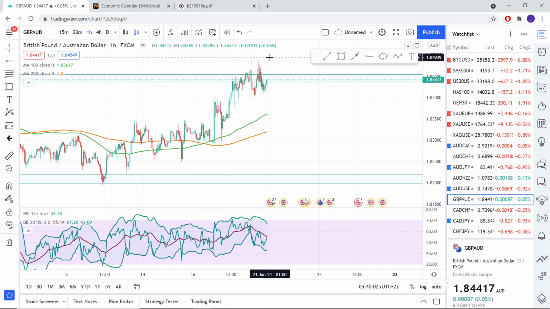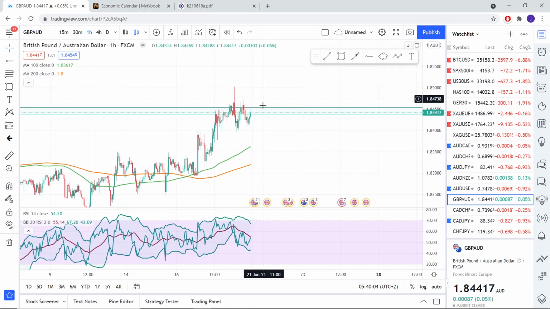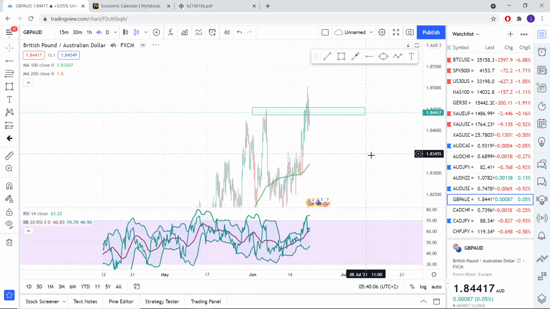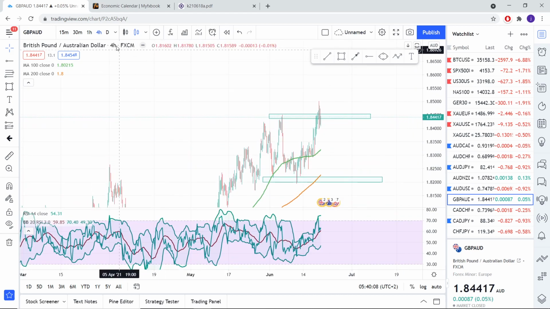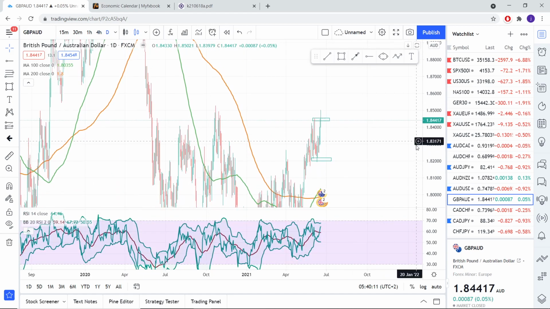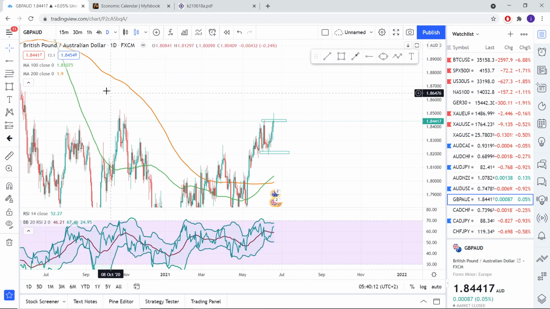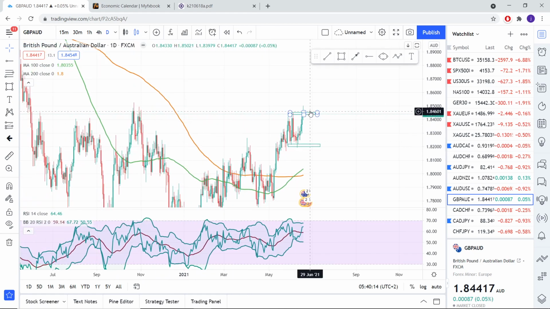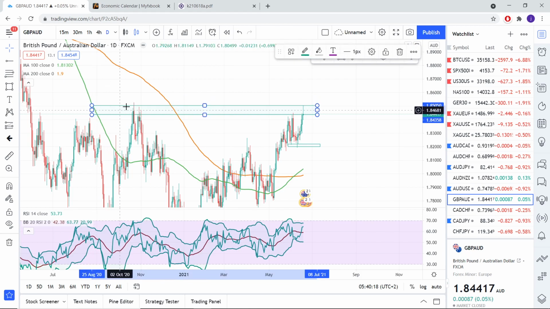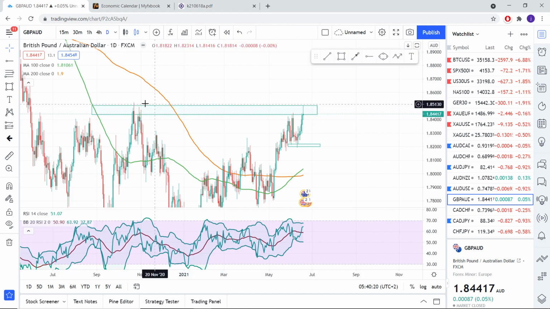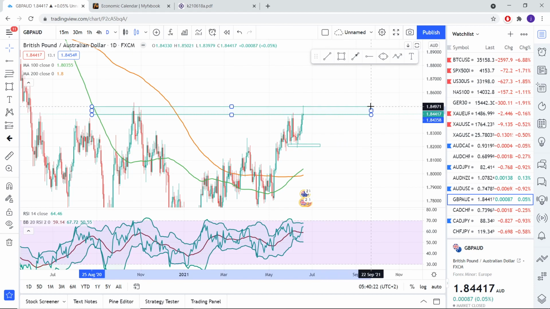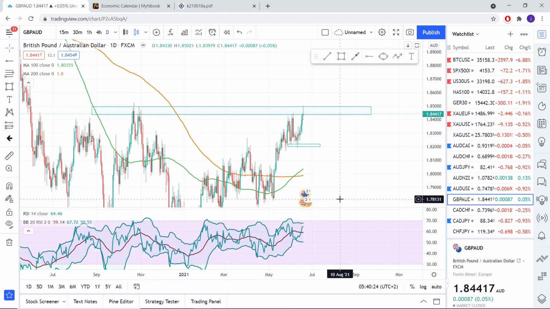I mean, if we could possibly see a push past this area and a retest, might be interesting for an actual potential setup. But, and this is why we use the daily sometimes, right? So as you can see, if we go back here, this is the area where price came into and rejected from, and potentially we could see that happening here again.